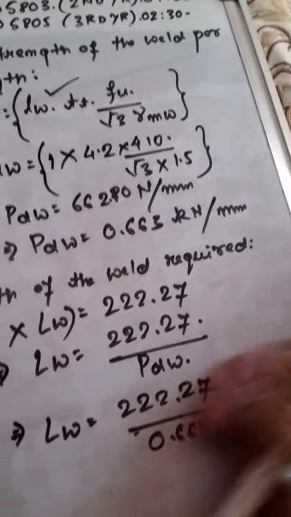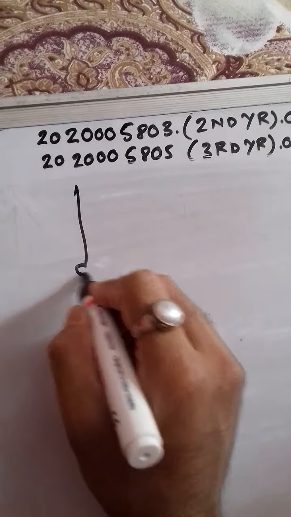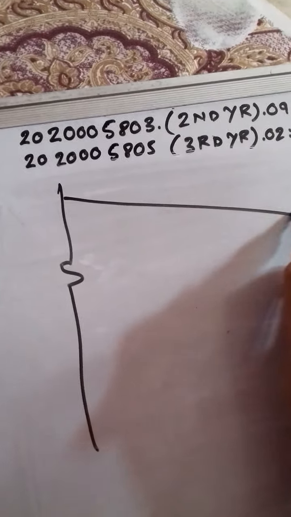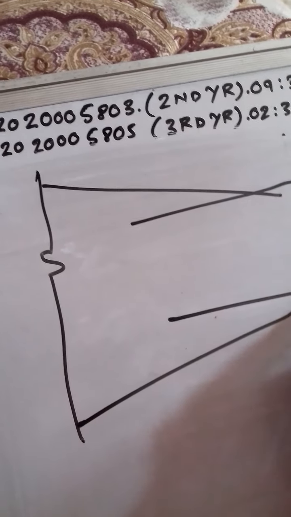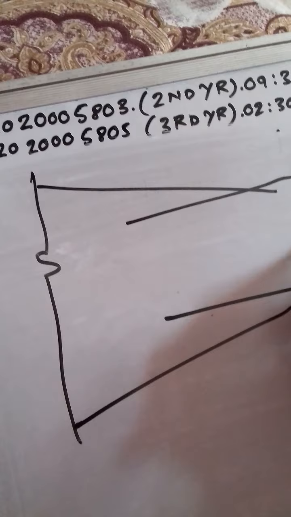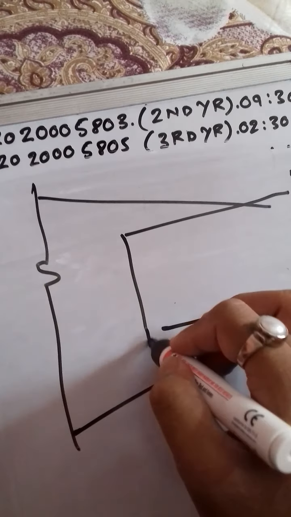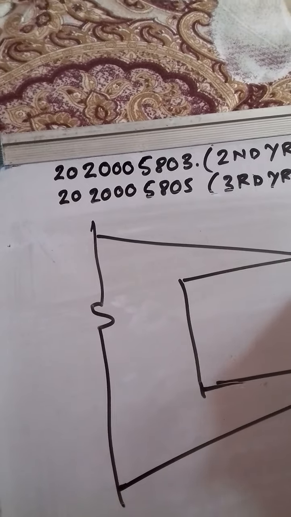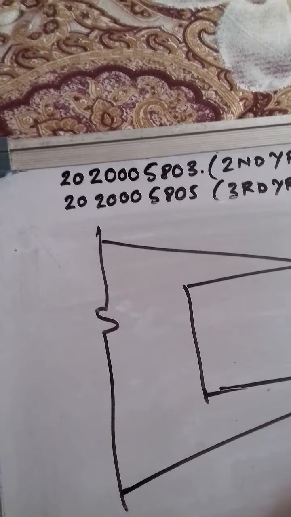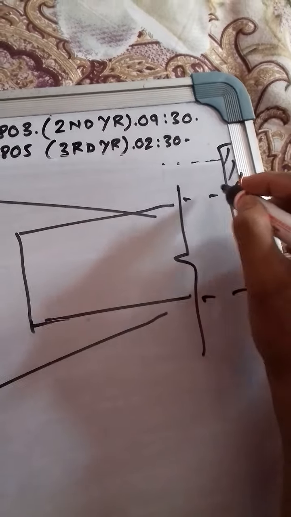Now we have to provide welding at the 3 sides. As per this question, let us provide welding at the 3 sides. So the figure will be something like this. This is the gusset plate, and this is the angle.